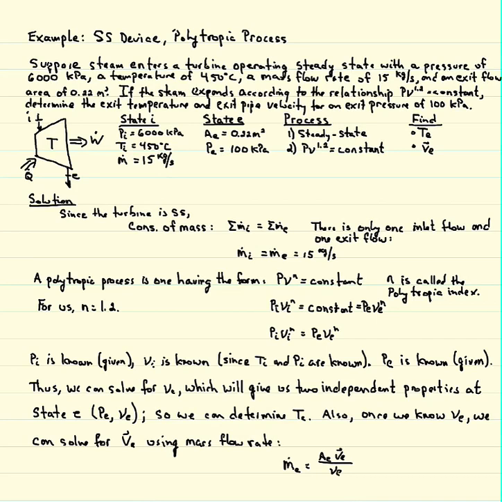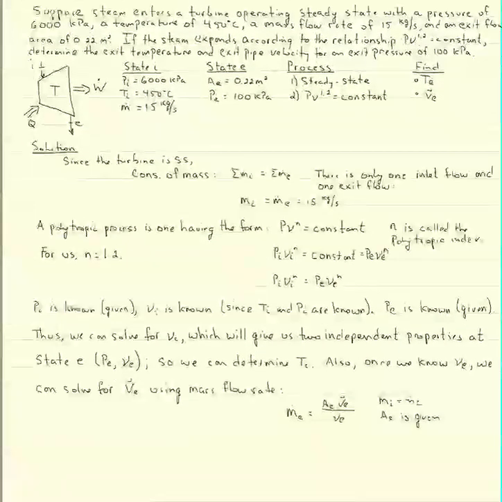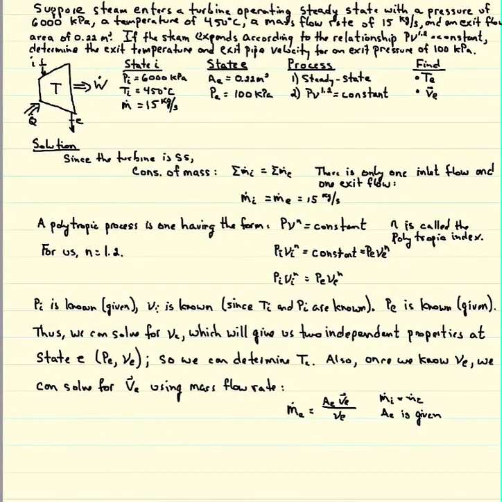And then of course, if we now look at these parameters, we know that from our conservation of mass, m dot I is equal to m dot E, and AE, the exit area, is given. Okay? So we can now let the rubber hit the road, so to speak, and start to analyze this further.